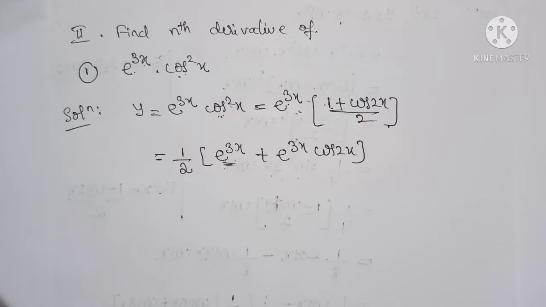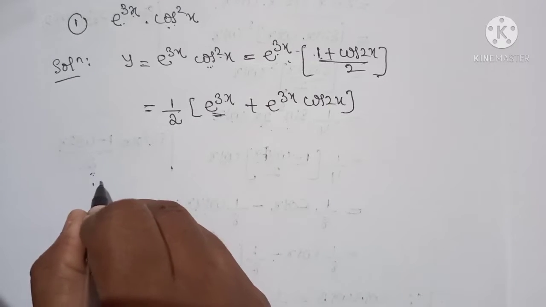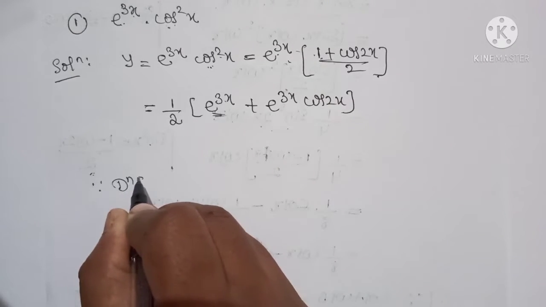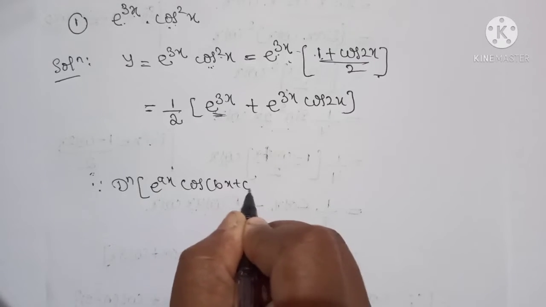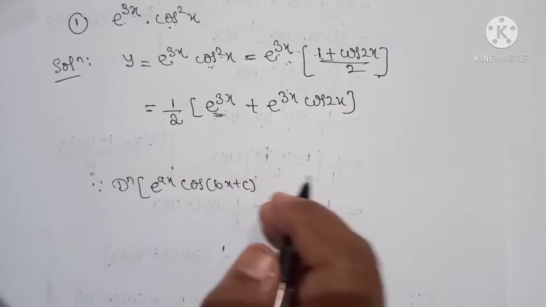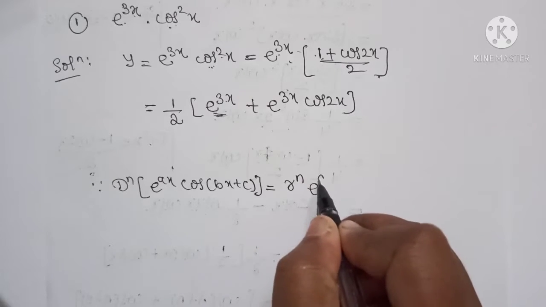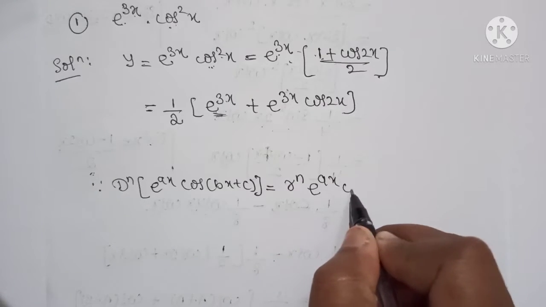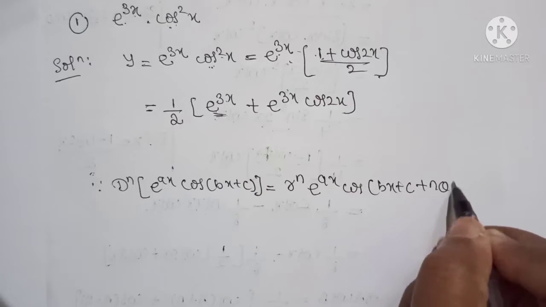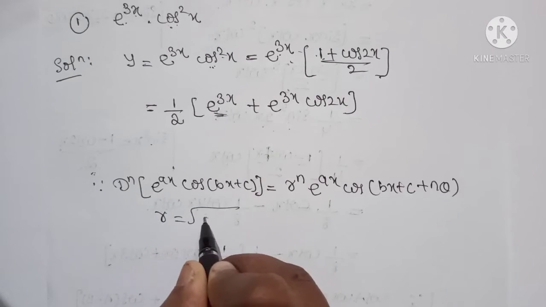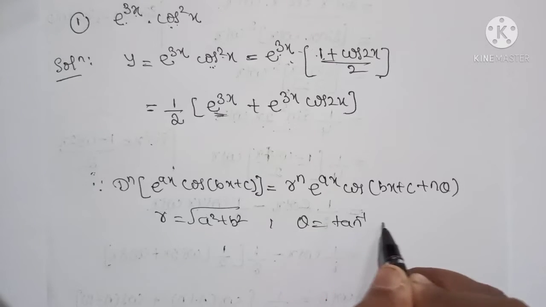We have the formula for the nth derivative of e raised to ax cos of bx plus c, almost similar to sine and cos. It equals r raised to n e raised to ax cos of bx plus c plus n theta, where r is the square root of a square plus b square, and theta equals tan inverse of b by a.